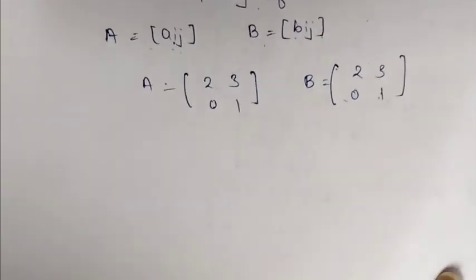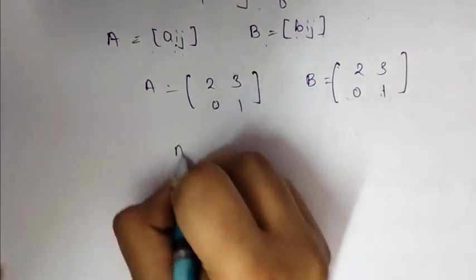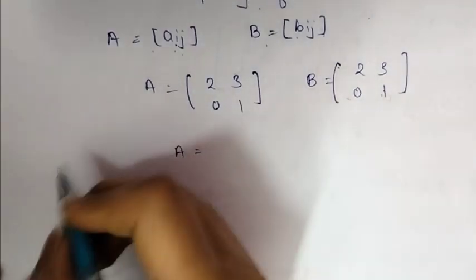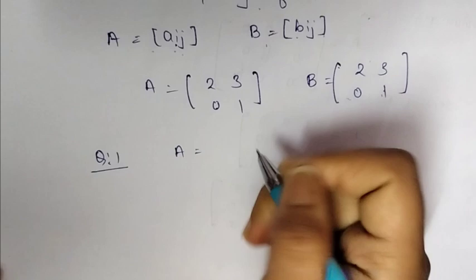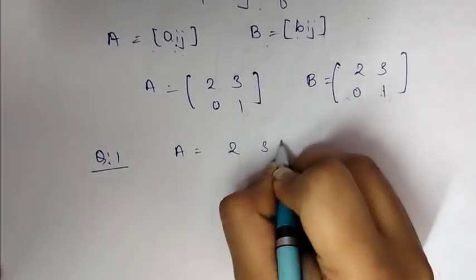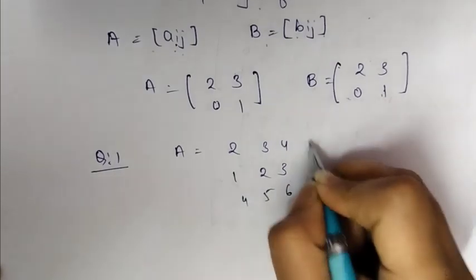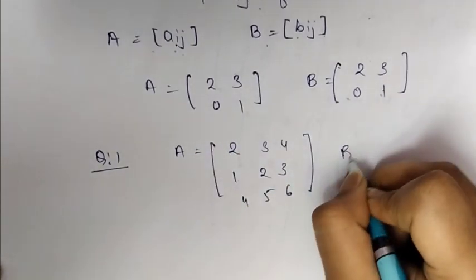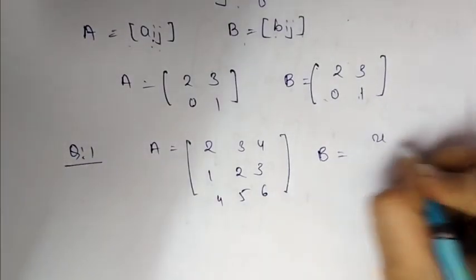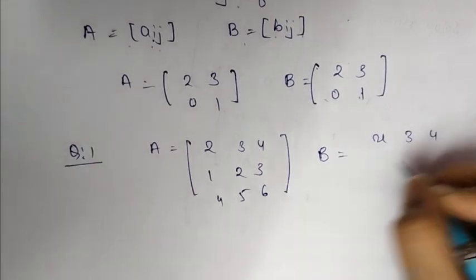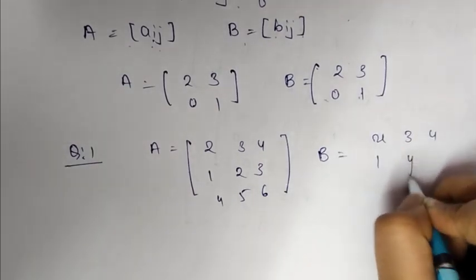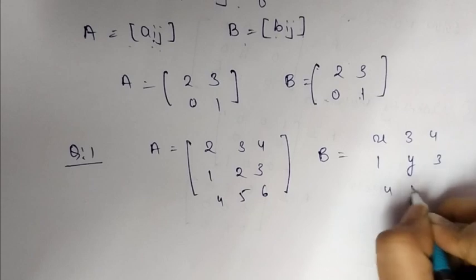Suppose we take an example. Question number 1, we are taking A equals to 2, 3, 4, here we have 1, 2, 3 and 4, 5, 6. So suppose we are having B equals to x, 3, 4, 1, y, 3 and 4, 5, z.